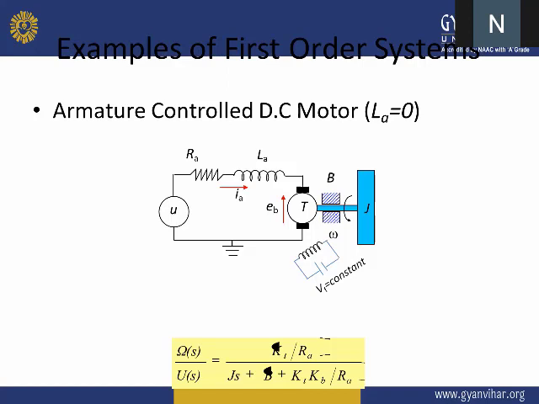So your output upon input transfer function has been shown to you, that is KT upon RA upon JS into B plus KT into KB upon RA, where RA is the armature resistance of the motor, LA is the armature inductance of the motor, J is the inertia, and B is the friction. So by controlling this in this way, we are going to control the speed.